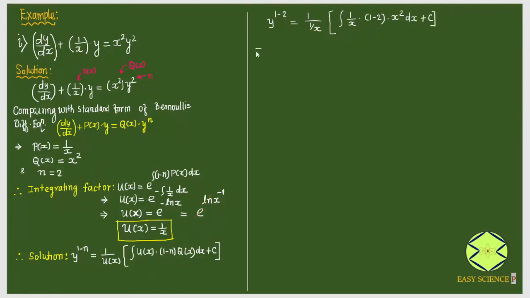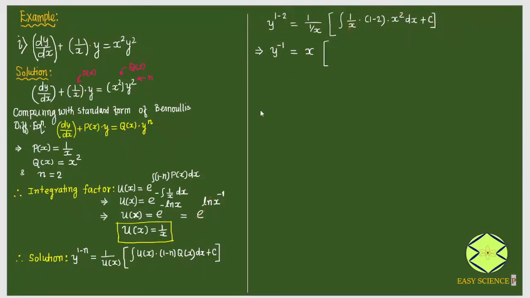That will be further simplified as y raised to minus 1 equals x, and x and 1 by x get cancelled out, only x would remain there.